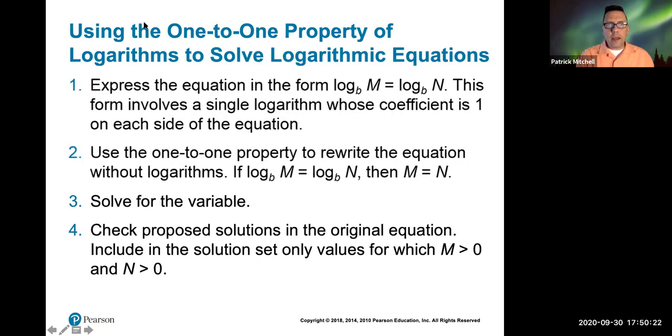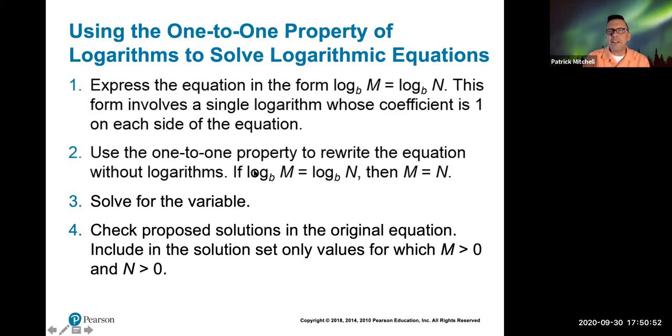Okay, now it also happens that you have logarithms on both sides of your equation. So what you do in that case is you write the equation in the form log base b of m equals log base b of n, and then use the fact that logarithm is a one-to-one function, similar to what we did at the beginning of this section with b to the m equals b to the n.